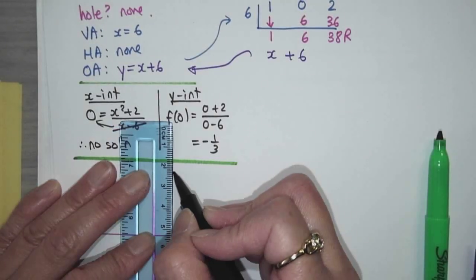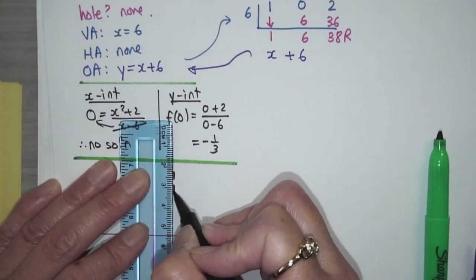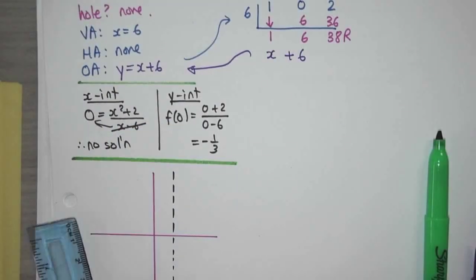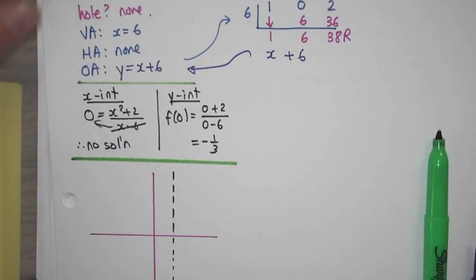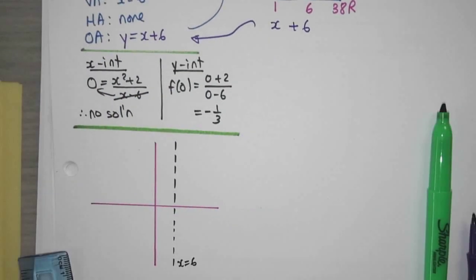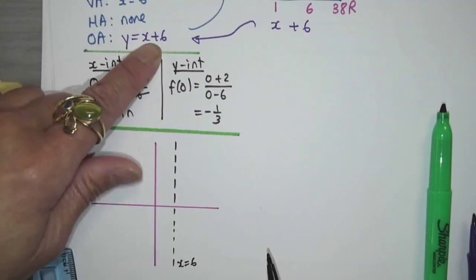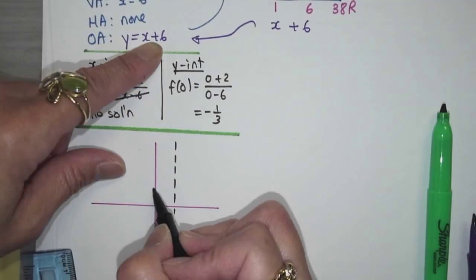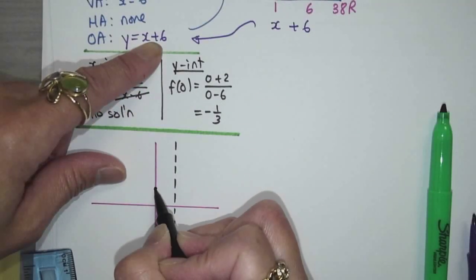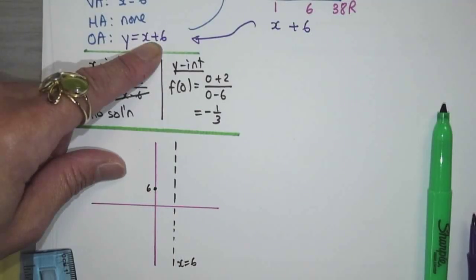Remember, it's not to scale. Definitely not to scale. This is x equals 6. My oblique asymptote is a line. The line is y equals x plus 6. That means the y-intercept should be 6. Does that make sense? 6.